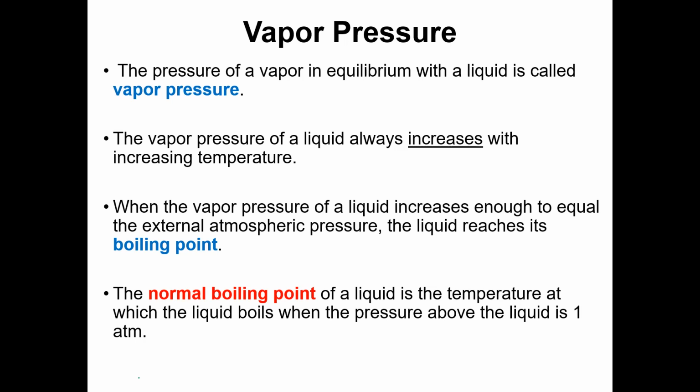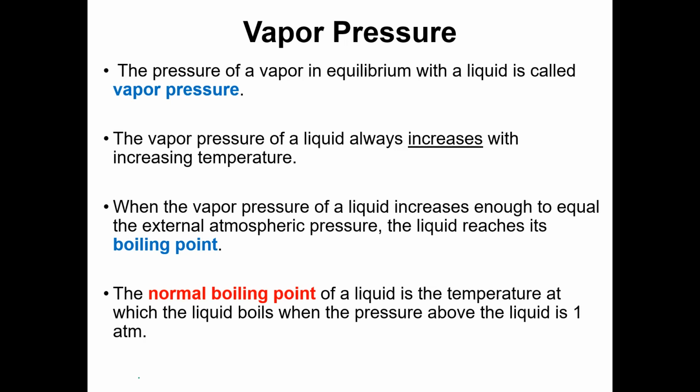That's why you'll find sometimes at higher elevations that you have to cook at slightly different temperatures, because the temperature at which water boils is slightly different because you have less atmospheric pressure. So the point at which the vapor pressure equals atmospheric pressure is going to be a lot lower. So sometimes you have to adjust cooking times and cooking directions because of that.